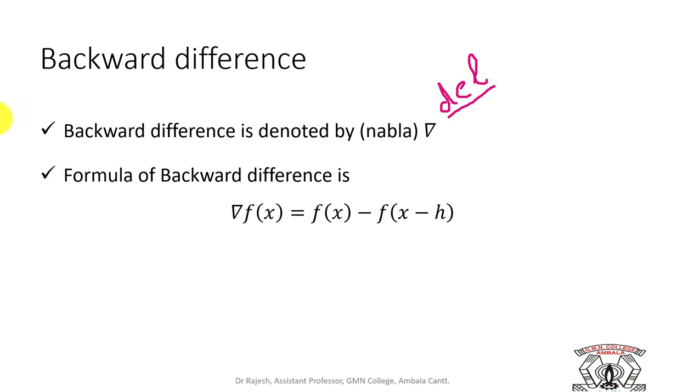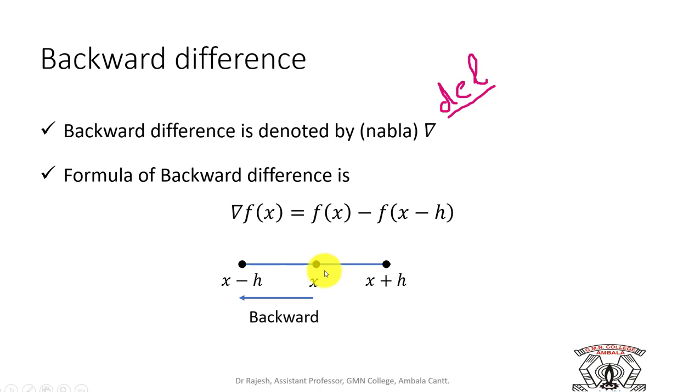So this del f of x is equal to f of x minus f of x minus h. Now why is it backward? Because in the earlier case this was taken in the forward direction, but now backward to this, x is x minus h. So this will be f of x minus the value of f at the backward quantity x minus h.